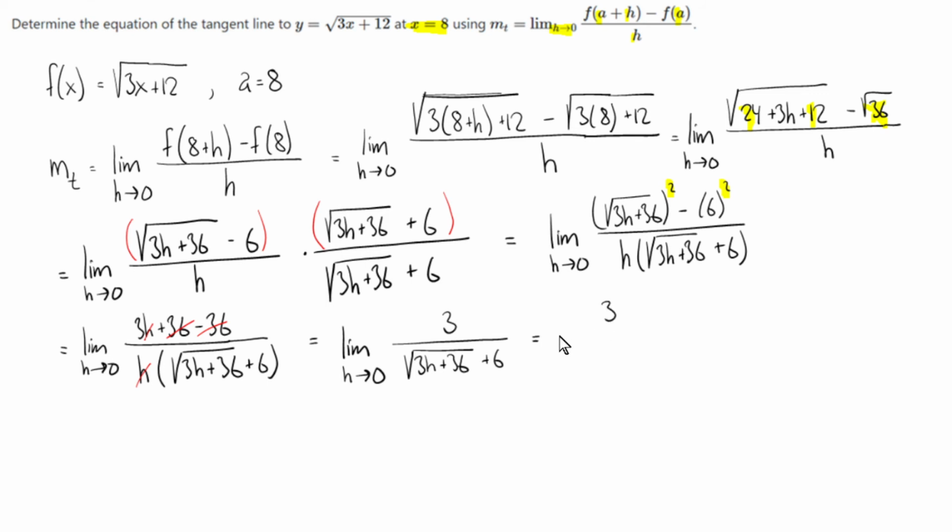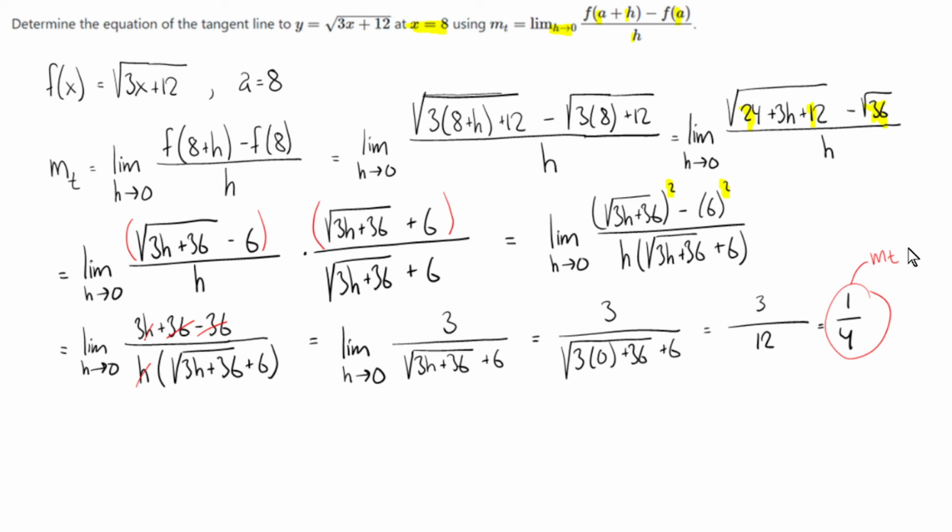So we're going to get 3 over the square root of 3 times 0 plus 36, and then plus 6. This radical will reduce down to 6. 6 plus 6 is 12, and this can be reduced to 1 over 4. So this here, a quarter, is the slope of the tangent line.